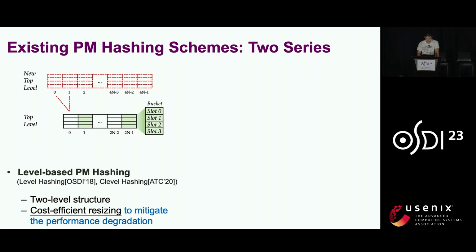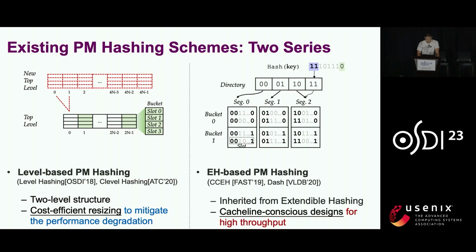The second existing PM hashing is named EH-based PM hashing because it inherits the basic structure from extendible hashing. This series includes CCEH and Dash. The basic idea is to manage the table in a smaller granularity called the segment.